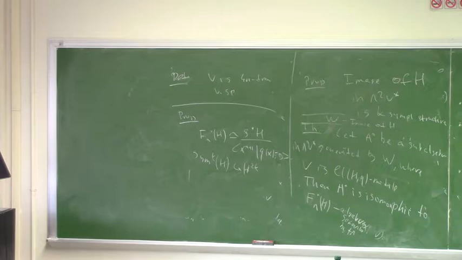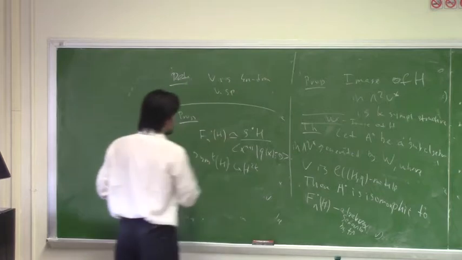So H to n plus 2i of X is isomorphic to the symmetric power n minus i of H. It's like the usual mirror correspondence in the Hodge diamond of a hyperkahler manifold. This has been known for a long time.